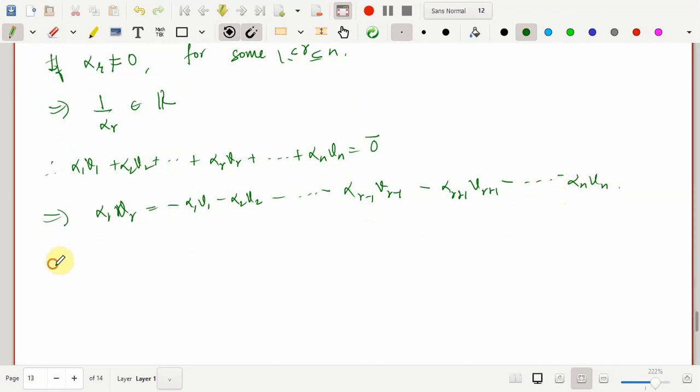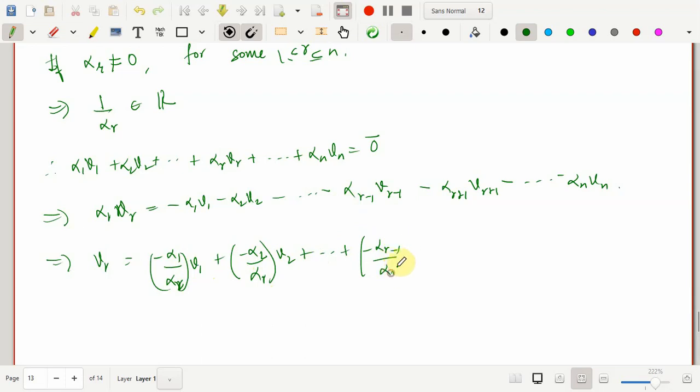Since 1 by alpha r makes sense, I can multiply throughout by 1 by alpha r, and so I get minus alpha 1 by alpha r v1 plus minus alpha 2 by alpha r v2, and this goes on till minus alpha r minus 1 by alpha r vr minus 1 plus minus alpha r plus 1 by alpha r vr plus 1, and this goes on till minus alpha n by alpha r into vn.